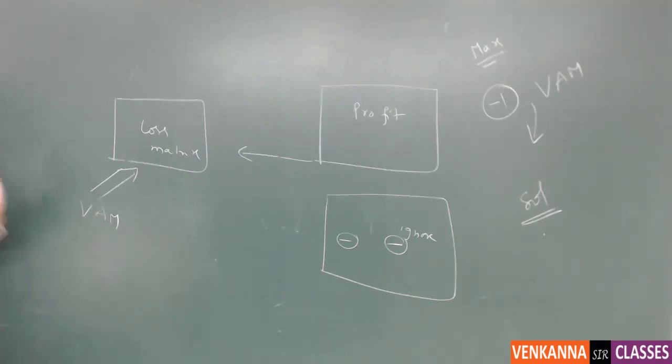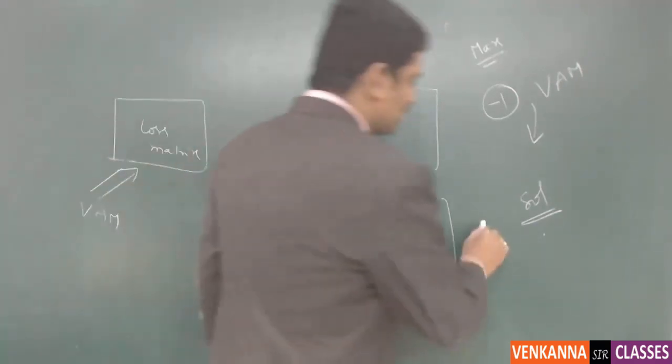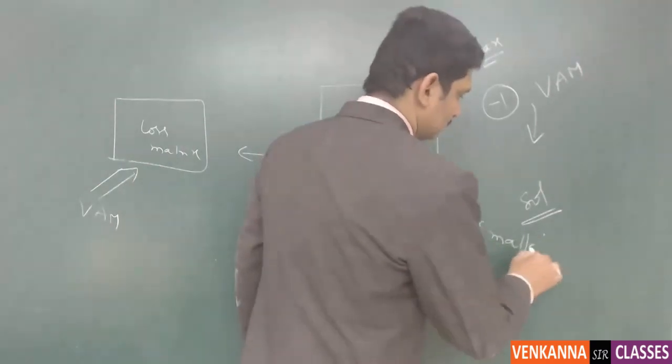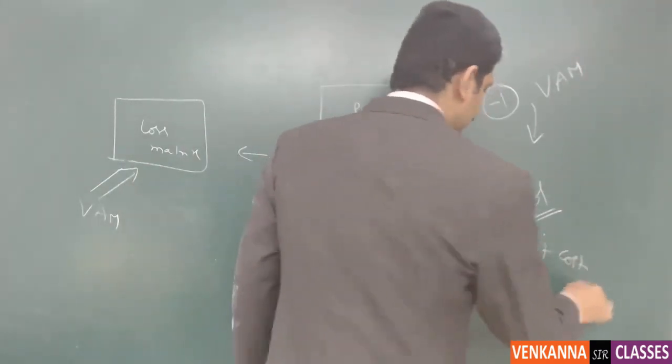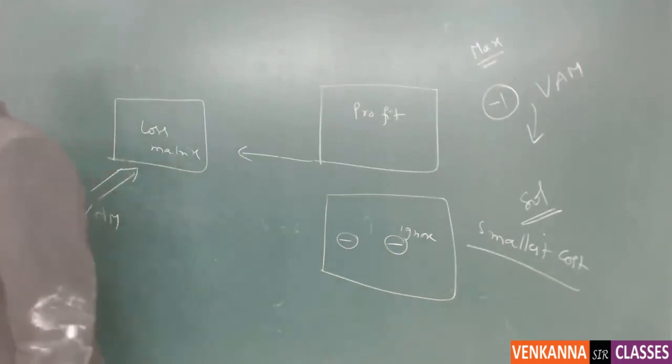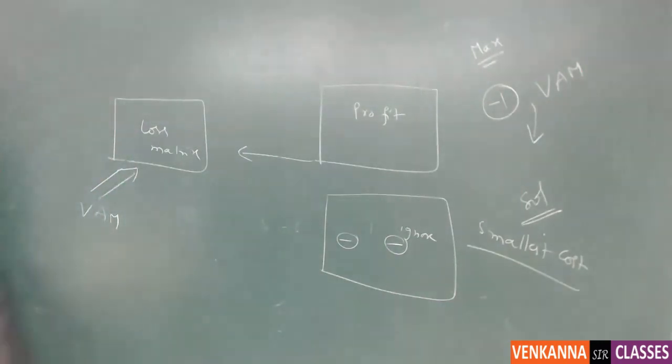So the whole idea of northwest corner, least cost or VAM is that you are selecting in each row the smallest cost. Why are you selecting the smallest cost? Because if you do some allocation, the transportation cost will be minimum. If it is negative, there is a need to select that one.